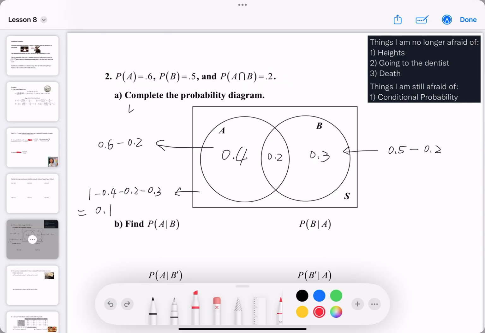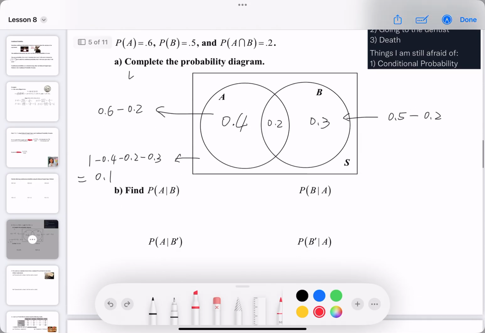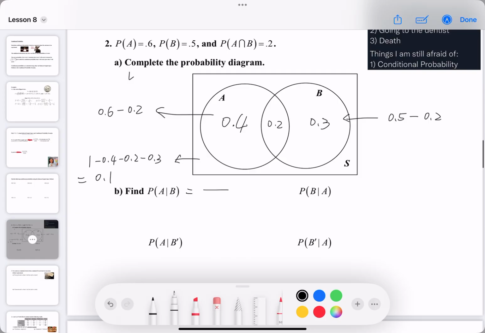So let's use the conditional probability formula to solve this one. The formula is P of A and B divided by P of B. What is P of A and B? Here, 0.2. It is 0.2 divided by P of B, 0.5, which is 2 over 5. You can give me 2 over 5, or you just say 40%.